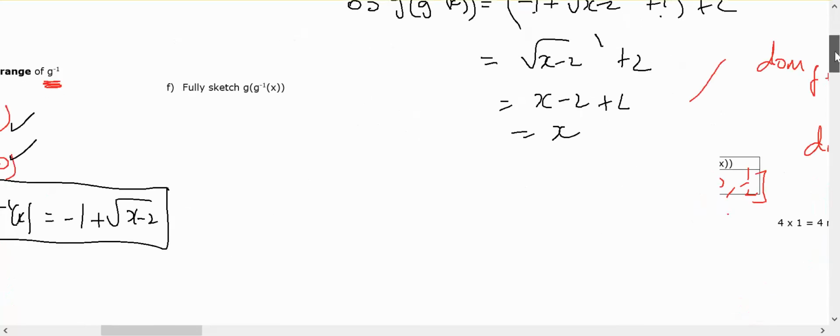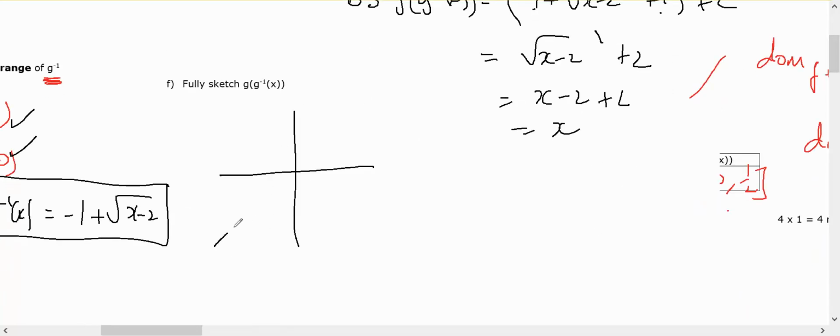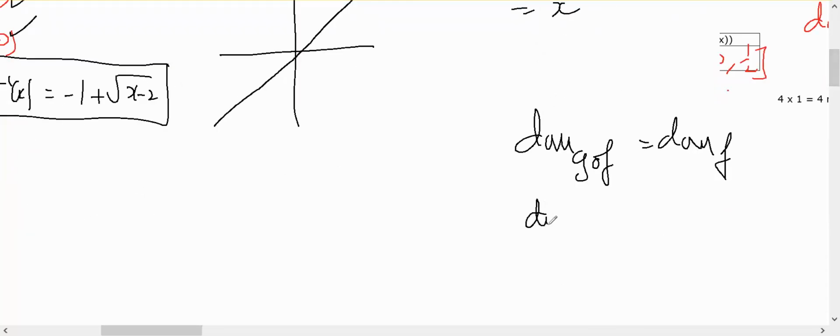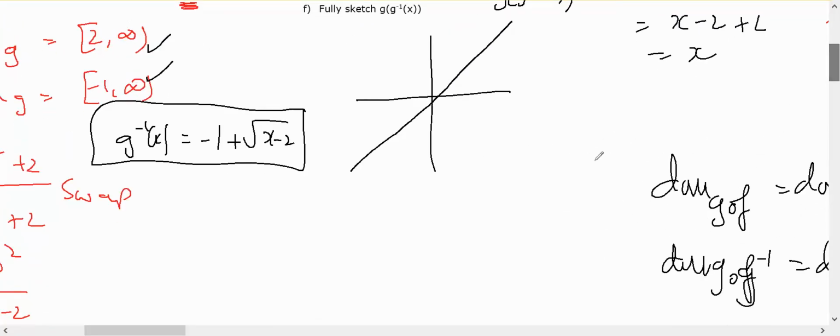And lastly, what this wants you to do, I want you to draw this and to write it as g of g inverse of x. However, I know that for composites, the domain of g of f is the domain of f. Therefore, the domain of g of the inverse of g will be the domain of the inverse of g, and the domain of the inverse of g is 2 to infinity.